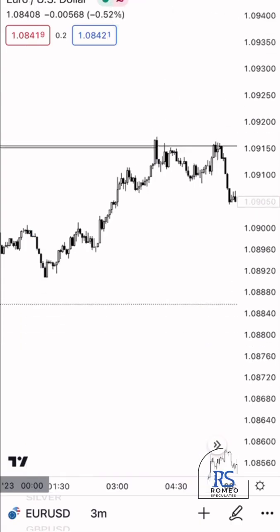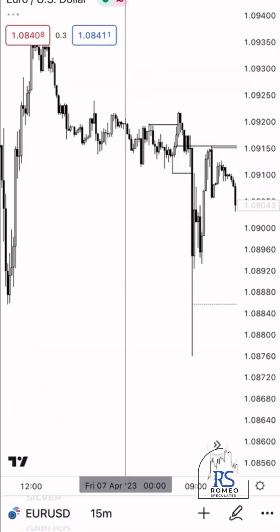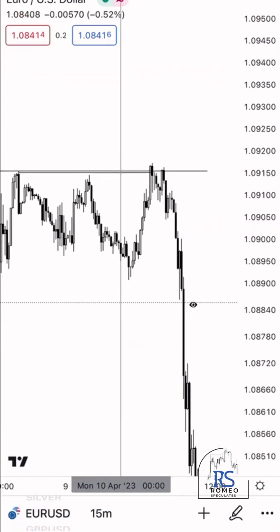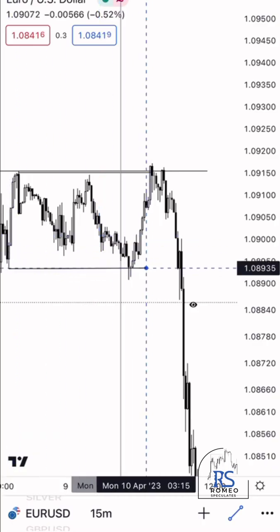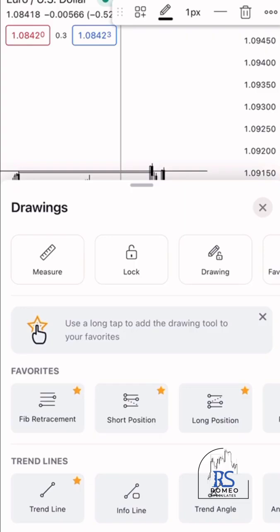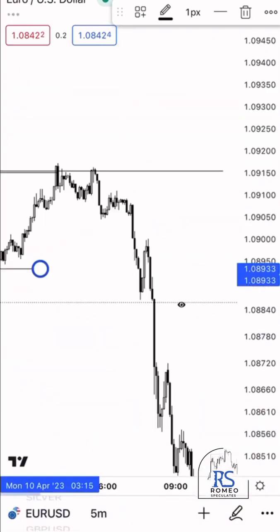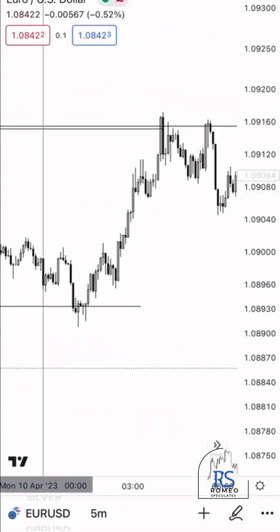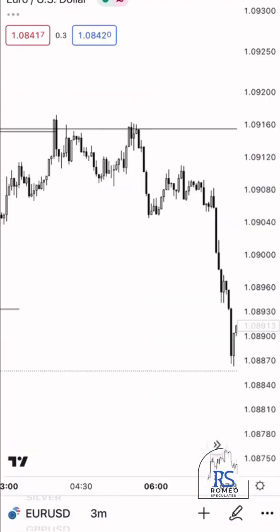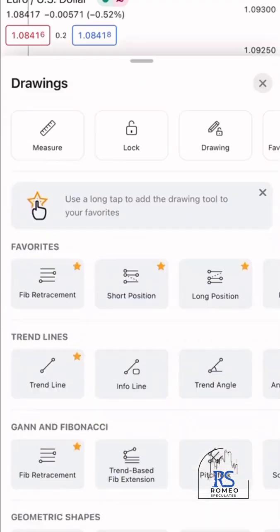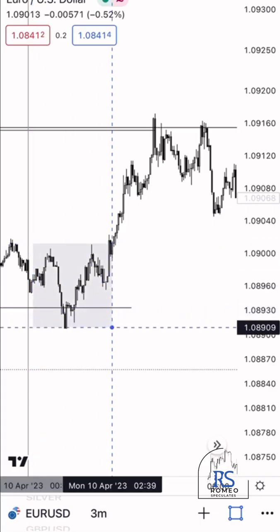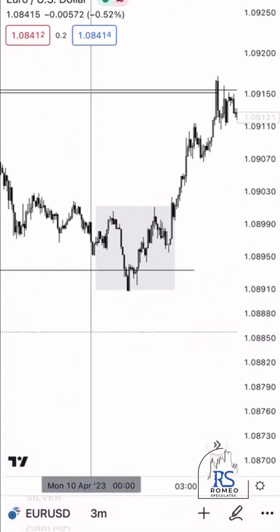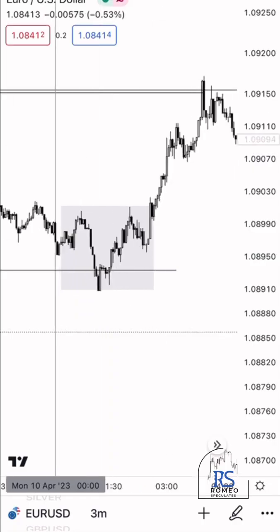So, but on the daily candle, we had an accumulation down here. Accumulation. Three-minute, more clear. Accumulation down here, right? Leaving behind this liquidity pool down here, right?